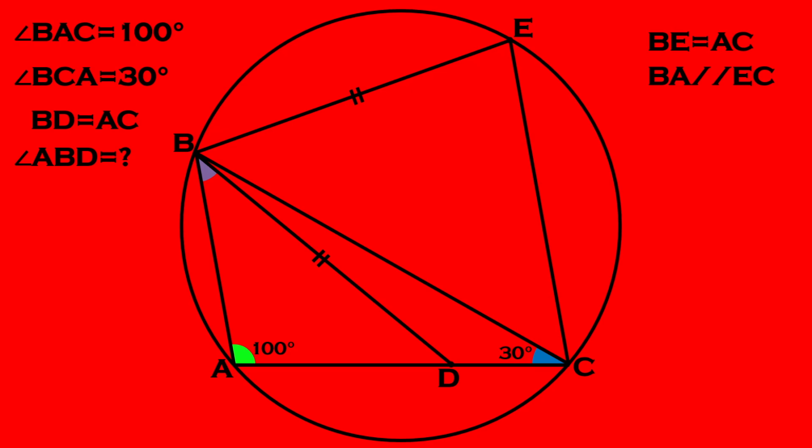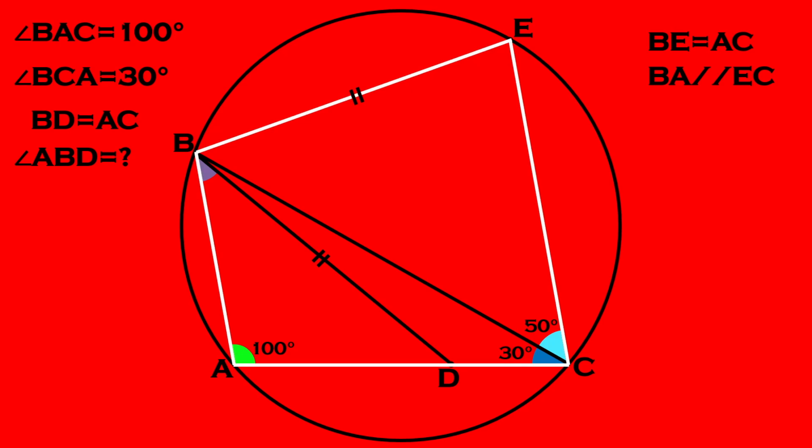From that, we can calculate the remaining light blue angle to be 50 degrees, so that the light blue plus the green angles sum up to 180 degrees. Now, this white quadrilateral is cyclic, therefore the pair of opposite angles must be supplementary, and so the yellow angle will be 80 degrees.